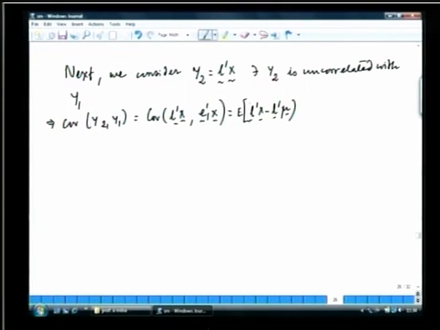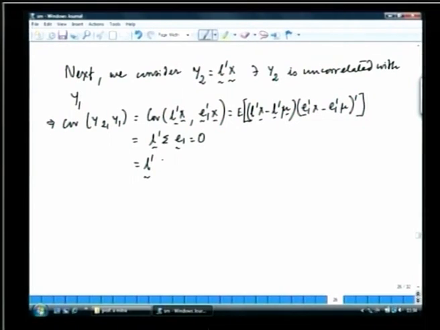We are assuming that the mean vector of x is mu, and then I have E1 prime x minus E1 prime mu. This expectation is nothing but L prime sigma E1, and this is equal to 0.